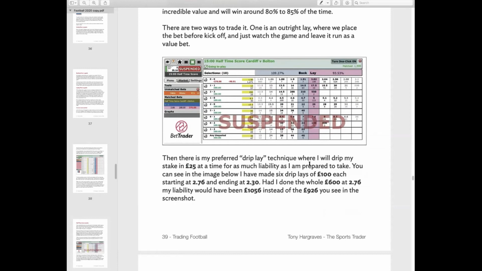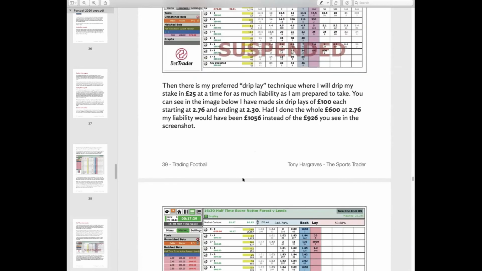So let's say you're looking at Arsenal versus Leicester, it doesn't matter whether Arsenal or their opponent scored the goal. Did their game have a first half goal in it? And did Leicester's game have a first half goal in it? I'll show you after this, when I get through this, I'll quickly open the form sheet and show you what I'm talking about. So yeah, I use that drip lay.